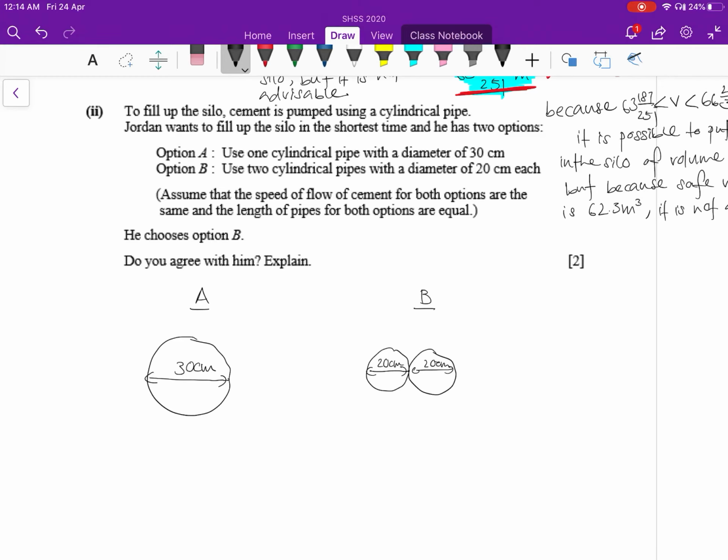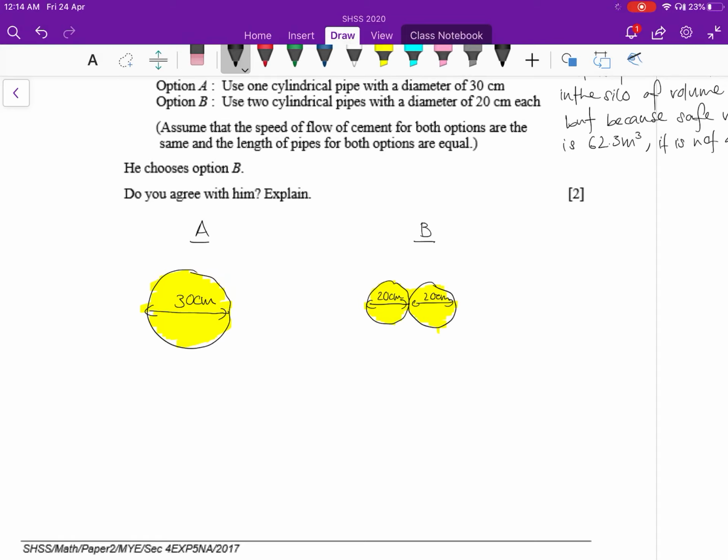You see, in order for the cement to flow quicker into the silo, this area must be bigger. So all we need to do is compare the area of the two circles. We see whether the area of the two circles is bigger than the area of the one big circle. It's very easy to calculate. So area of circle is πr², which is 900π.